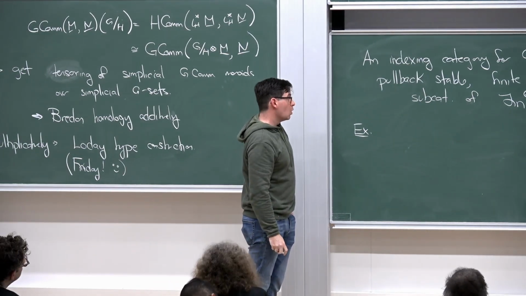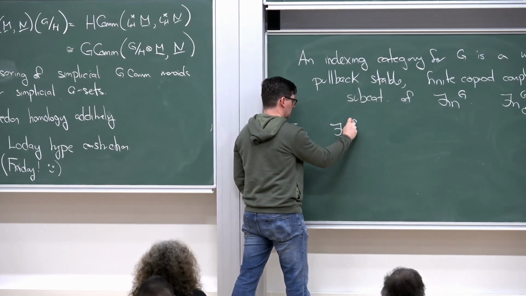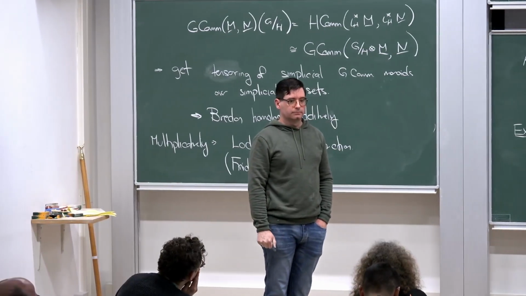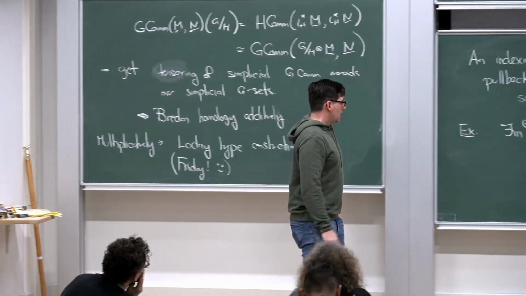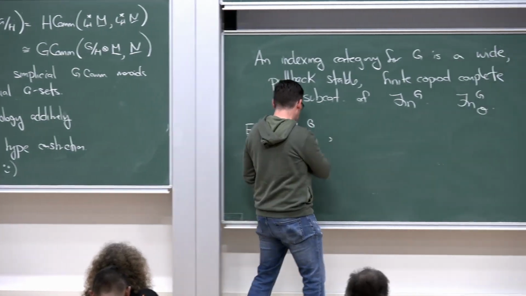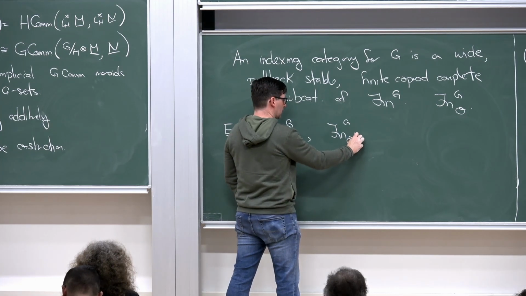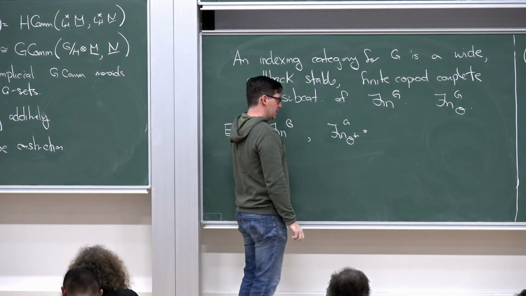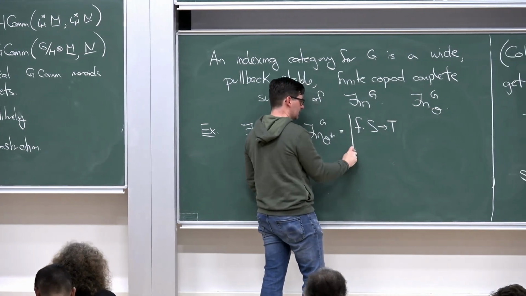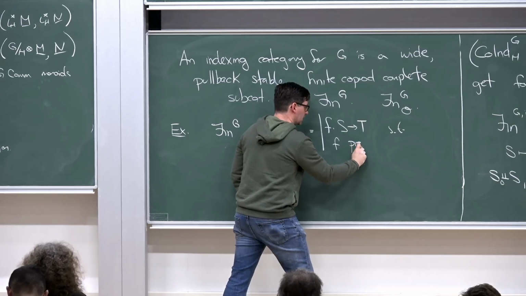Here's one where I take everything. The other one is sort of at the other extreme. I'm going to take Fin_G triv. This is going to be all those maps f from S to T such that f preserves the isotropy.